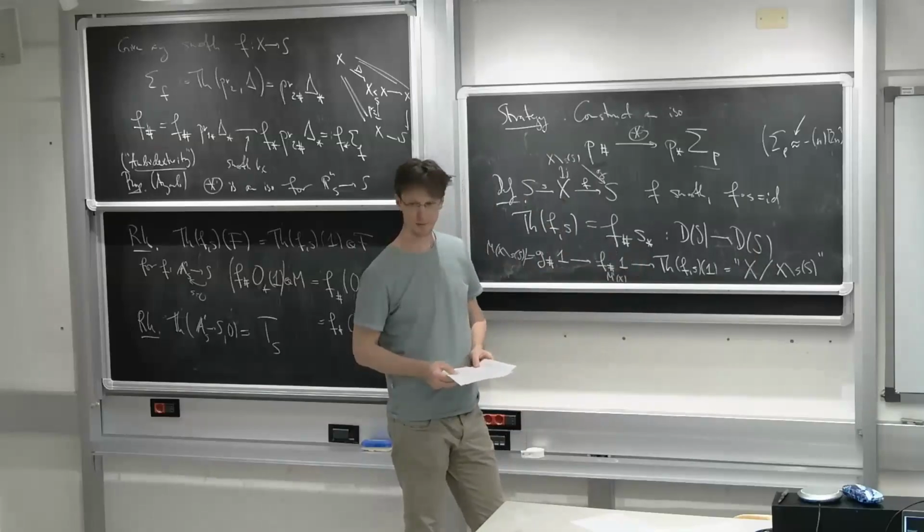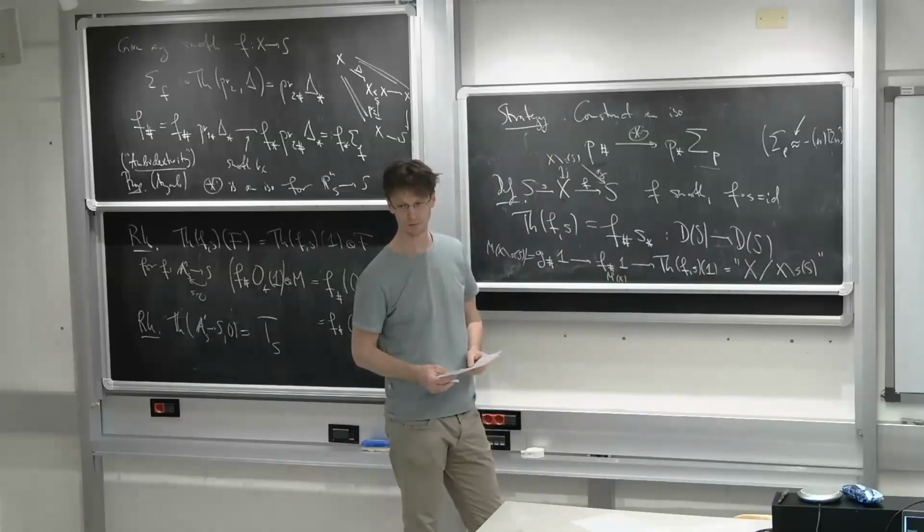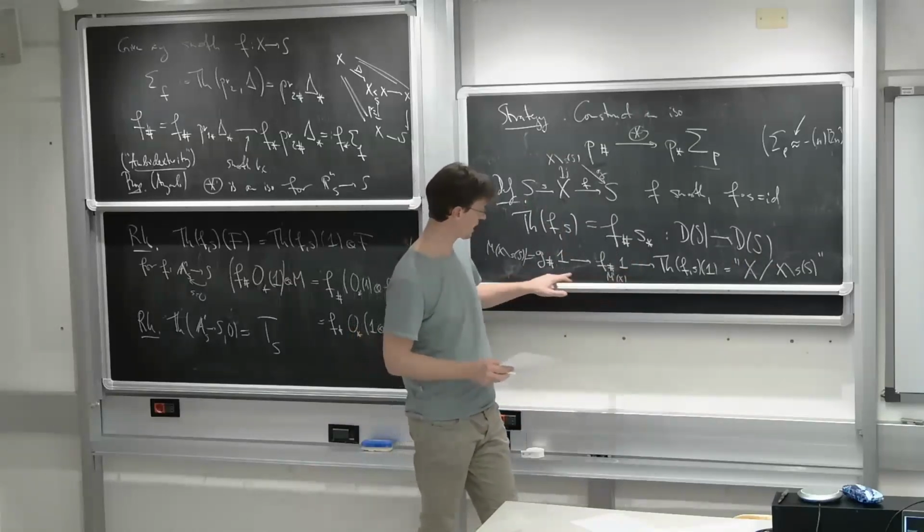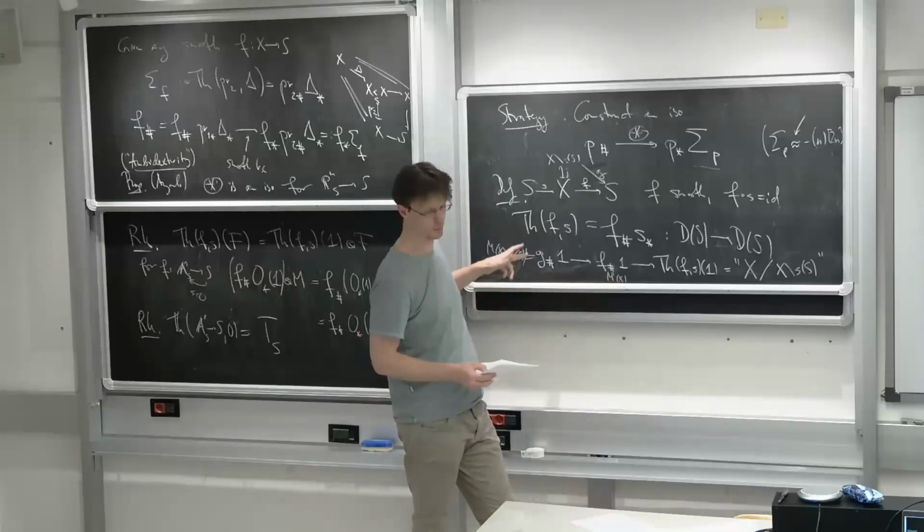What do you mean by a space in that context? As in a representable presheaf, you mean? Sure, or something that is understandable in terms of representable presheaves. It would be the two-term complex of the representable presheaf of X and the one of that guy. That's what it is.